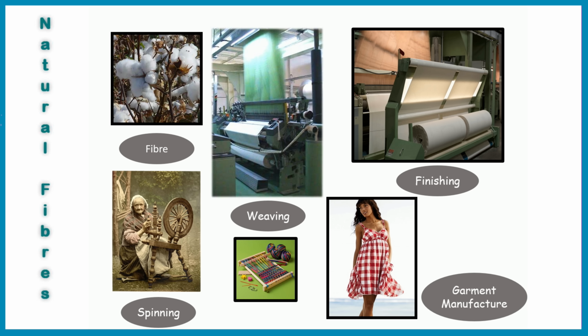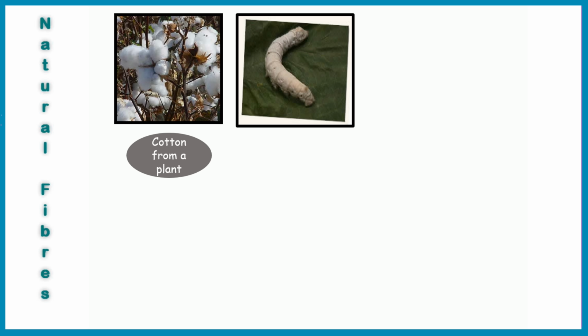So taking it all back right to the fiber, we're just going to look at what they're actually made out of. So we've got here an example of a seed pod plant, cotton, where the fibers just spring from the seed pod to make the fibers. And then we've got silk, which comes from an animal, in this case the silkworm.